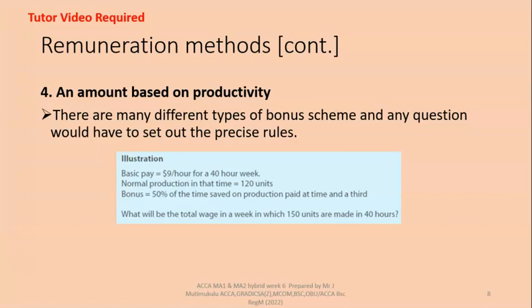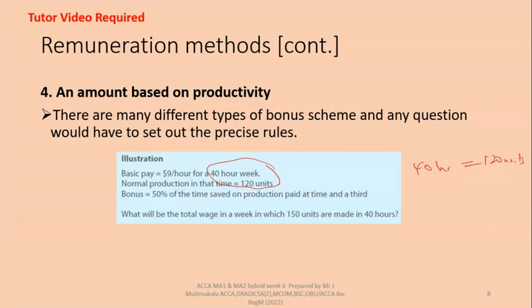Because a normal week produces 120 at a 40-hour week. So this is the normal position. 40 hours is equal to 120 units.